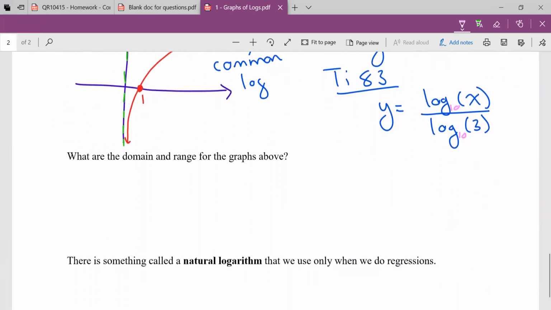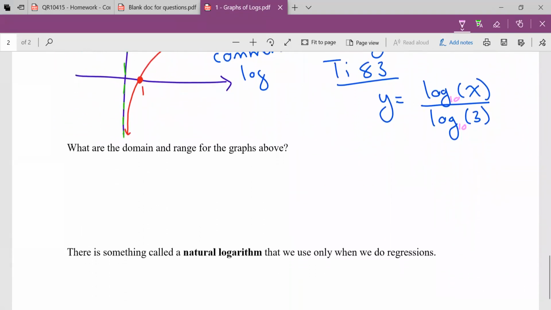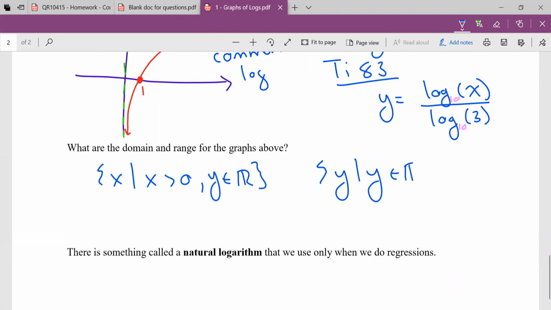Now, what are the domain and range? I need you to have this memorized. This is important stuff. So the domain: x gets really close to 0, but never touches it in 30-2 ever. And my range is simply an element of the reals. Okay, so I need you to know that.